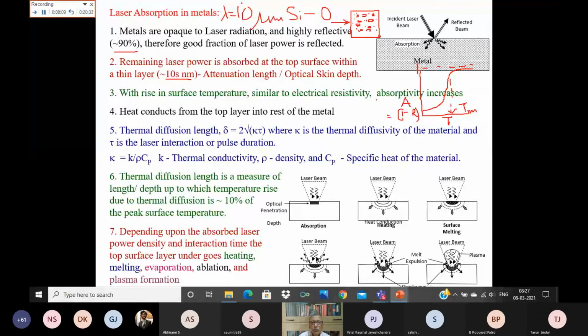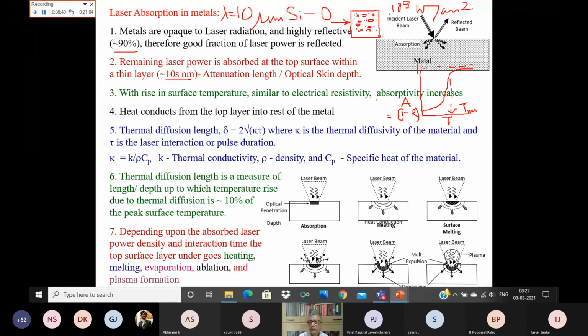For that, the laser power density required is more than around 10 to the power 9 watt per centimeter square. If you have such a power density, then even glass, which is otherwise transparent to that laser wavelength, could absorb through this process.